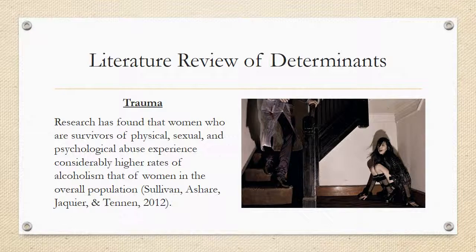So the second determinant that I've decided to include in my web of causation and review in literature was trauma. And the research that I found stated that women who are survivors of physical, sexual, and psychological abuse experience considerably higher rates of alcoholism than women in the overall population.